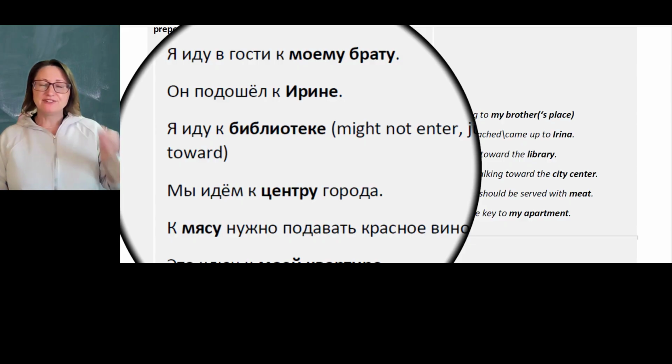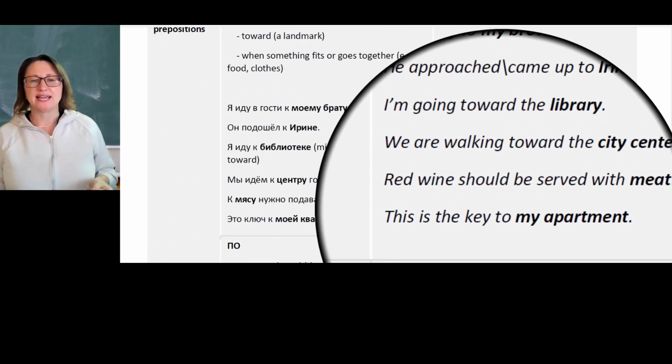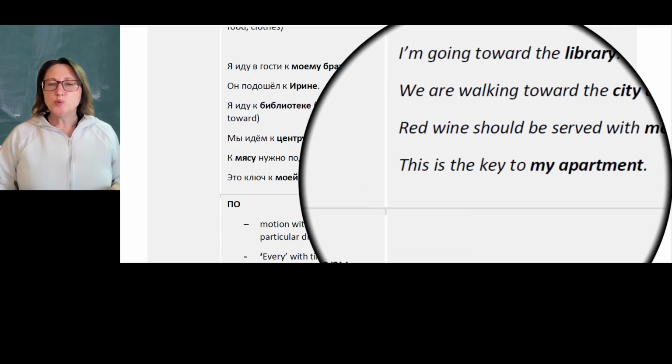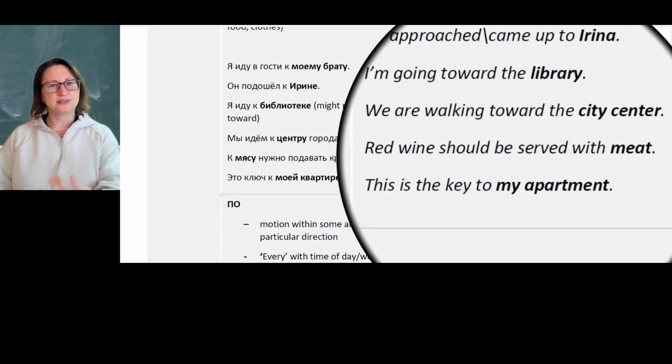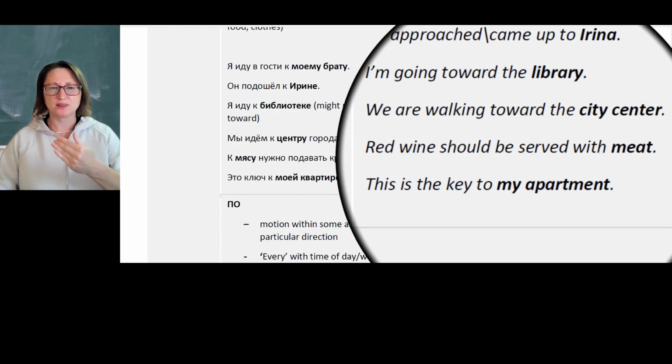Then when something goes together, look at the examples that I have here. Red wine should be served with meat. This key is to my apartment. As you can see, red wine goes with meat. It approaches the meat really well. And the key fits my apartment lock. It goes well with it.